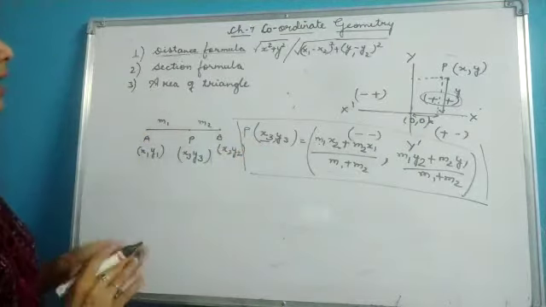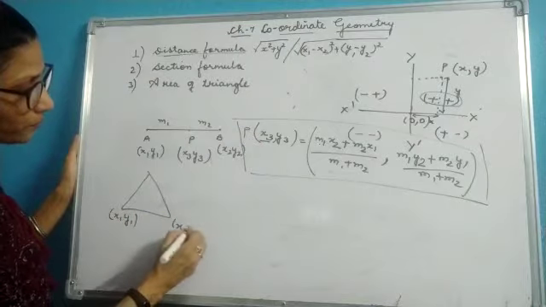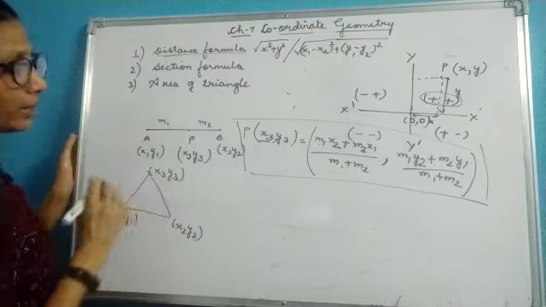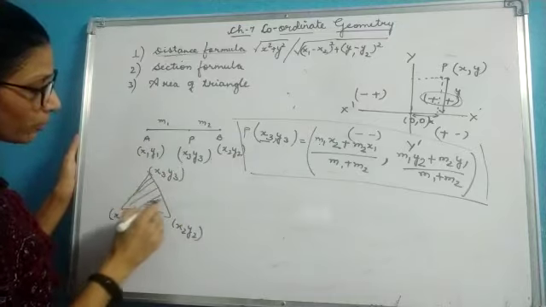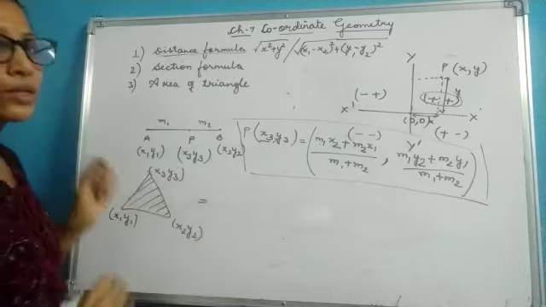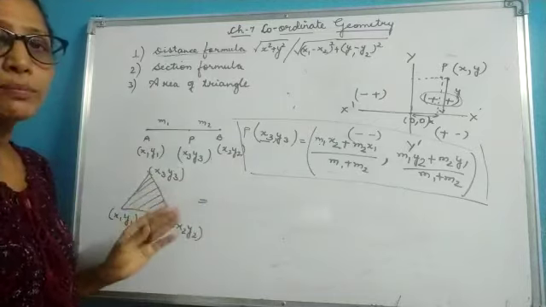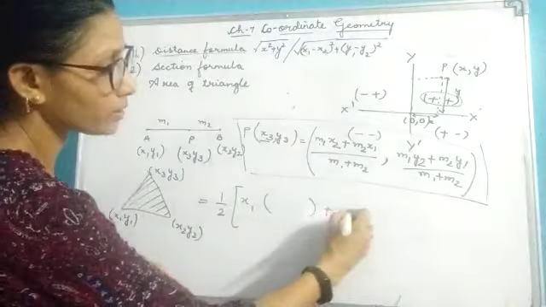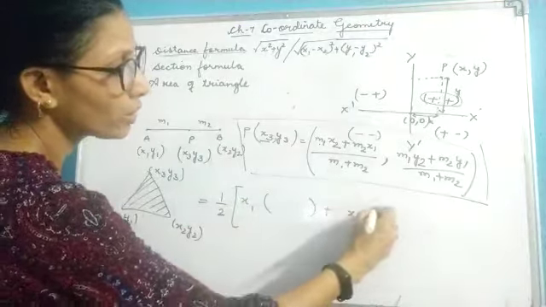Children, whenever 3 vertices are given, say x1 y1, x2 y2, x3 y3 are given, and you need to calculate the area of triangle, then simply you have to remember it like this. Make it as half, and then you write x1, make a bracket, plus x2, again make a bracket, plus x3, again make a bracket, and close the bracket.